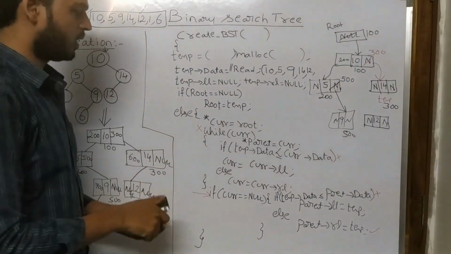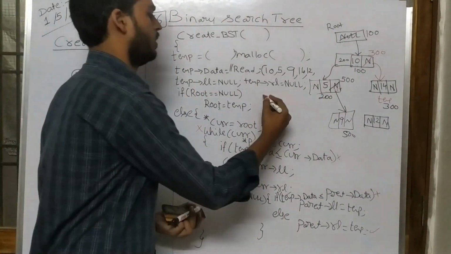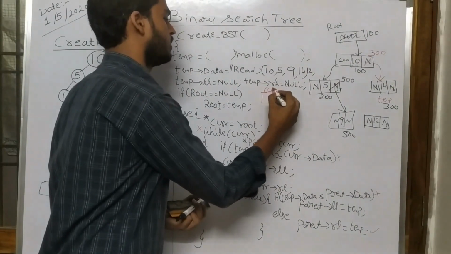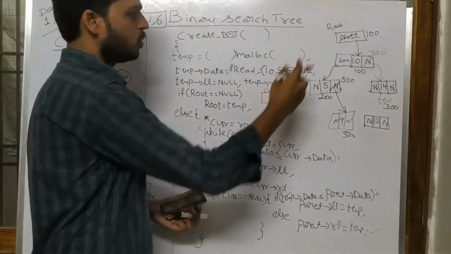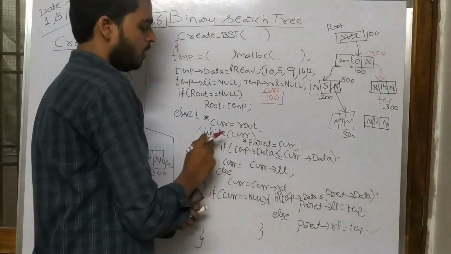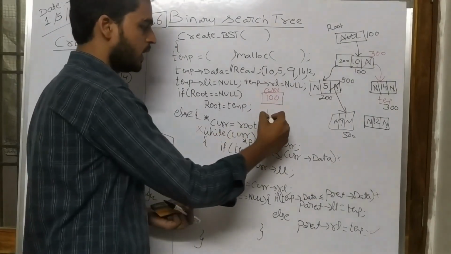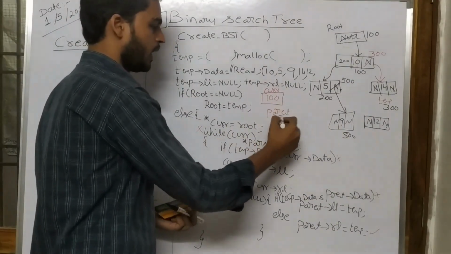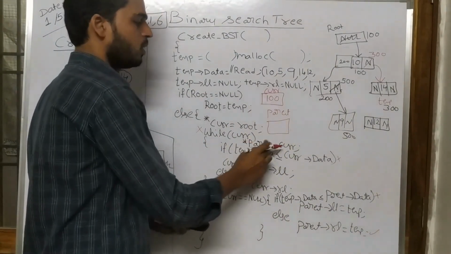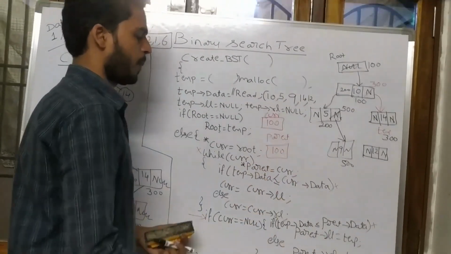Now it is going to create a current pointer. That current pointer is the root node value. What is the root node value? 100. Then while current is some positive value, it is going to take a parent node. Parent equal to current. What is current? 100.